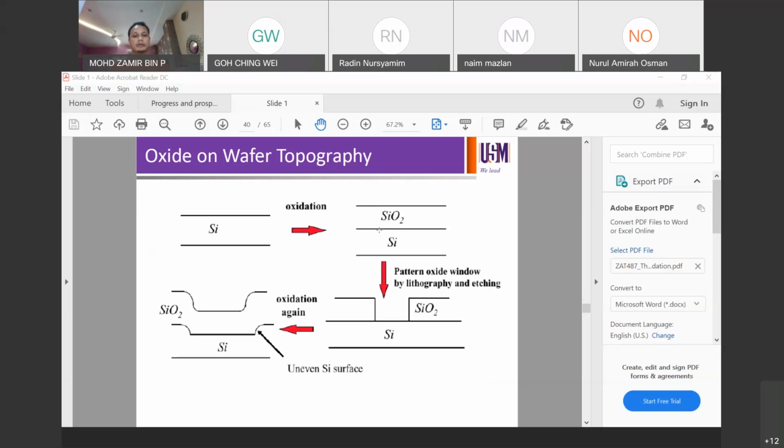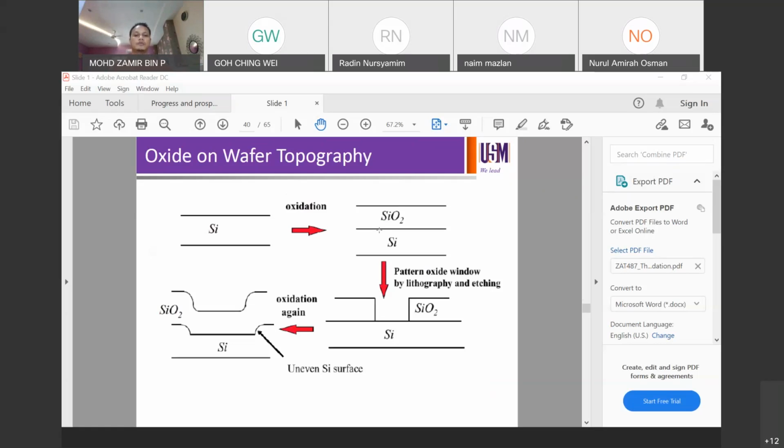Later on, we're going to go through lithography and etch, where you want to do patterning of silicon dioxide on the wafer. You can also do the patterning of photoresist. You can also do the patterning of an SiO2 layer on your silicon wafer. So the basis of doing lithography and etch is to enable the patterning process.